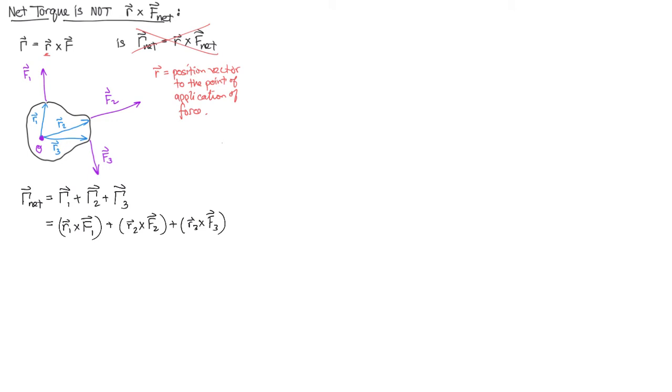Okay, here's another way to think about why we have to first figure out what the individual torques are before we find the net torque. It turns out you can have situations like the following.